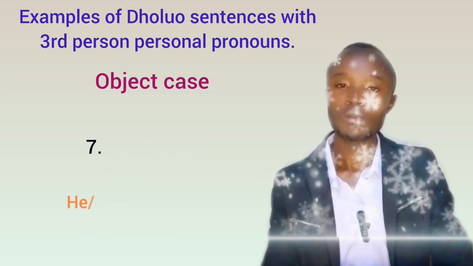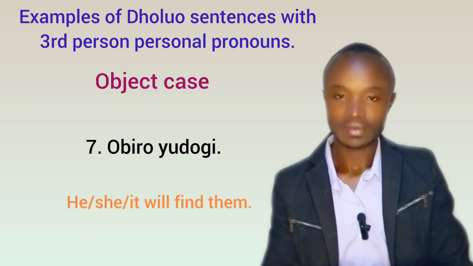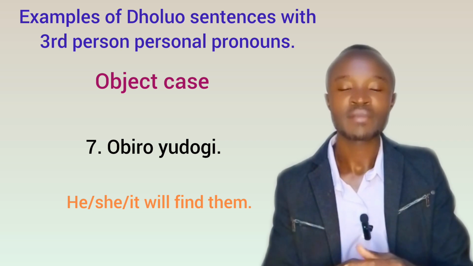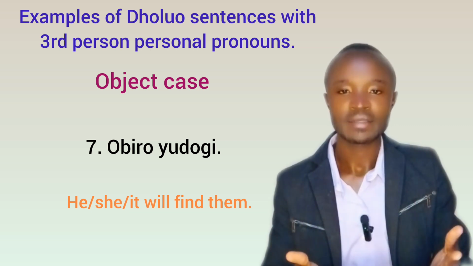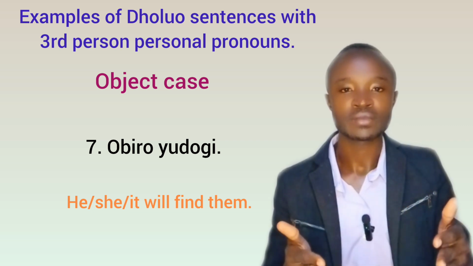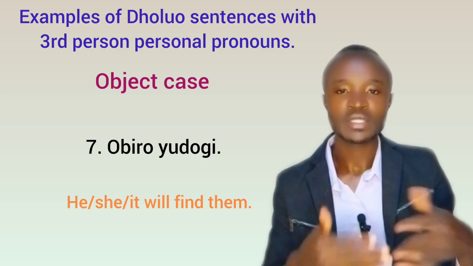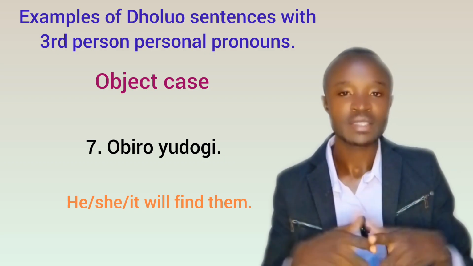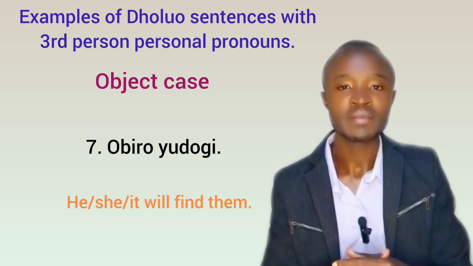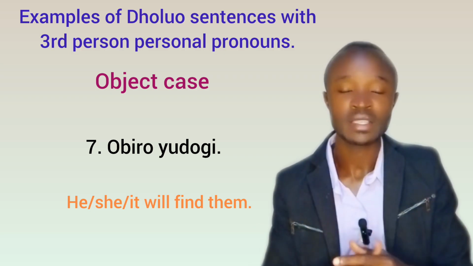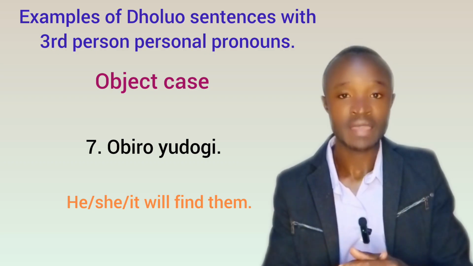Another example, obiro yudogi. And that, when spoken quickly by native speakers, will sound something like obro yudogi. There is that shortening of syllables in quick speech by native speakers, and that you will come to learn over time. I think that's available in other languages. Actually, in English too, I have encountered that many times.